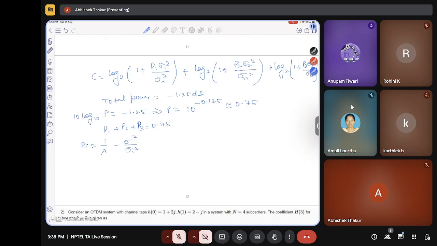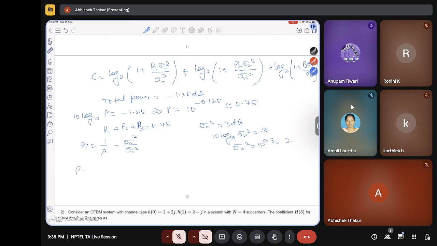So what is the value of this sigma n squared? This is given as 3 dB. So 10 log 10 sigma n squared is equal to 3. So sigma n squared is equal to 10 to the power of 0.3. So this will become 2.